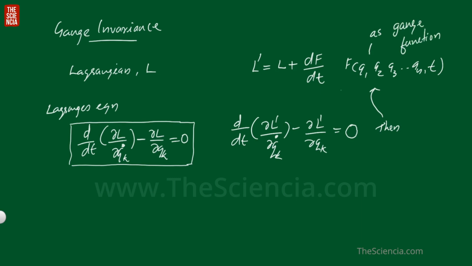So if you are adding a term to the Lagrangian and solving Lagrange's equation and getting it equal to 0, then that function we call the gauge function. This may be asked in a SET or GATE question. Maybe they will give some functions and ask you to find which is the gauge function. So you have to substitute that function in Lagrange's equation, and for which function you get 0, that will be the answer. So remember this one.